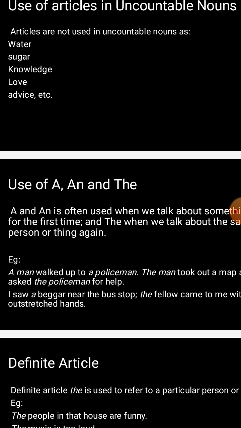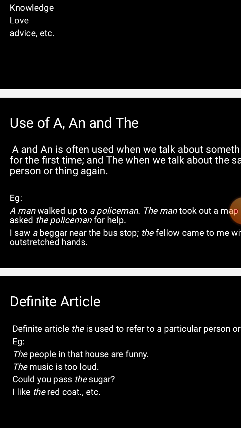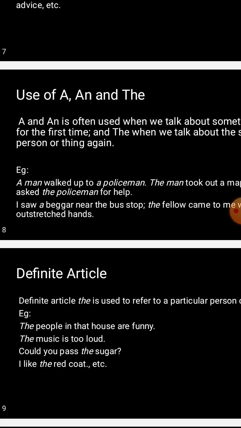Now, going to the next slide. A and an is often used when we talk about something for the first time, and the when we talk about the same person or thing once again.